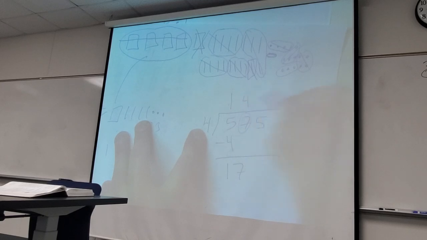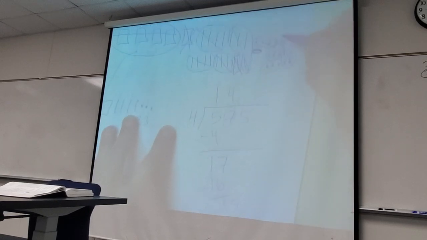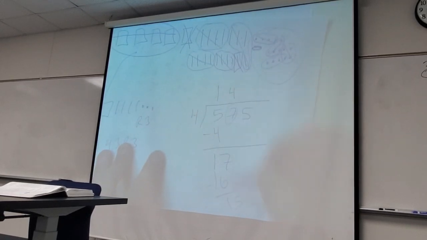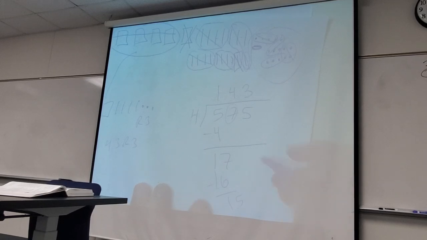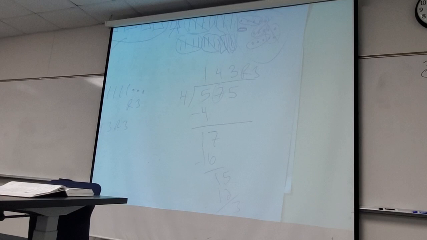But that'll be 4, right? 1, 2, 3, 4 groups we got, yes? 4 times 4 is 16. There was the leftover long, and we converted it into 15 units, right? 4 goes into 15 3 times. 1, 2, 3 groups of 4. 12, remaining 3. Okay.